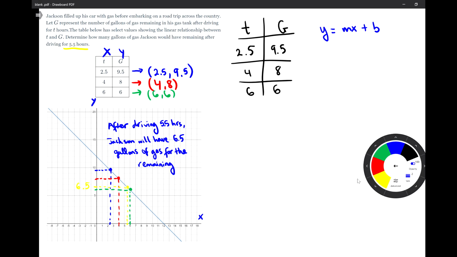That means m represents the slope. What is the slope? The slope is change in y over change in x. And b represents the initial value or starting value.